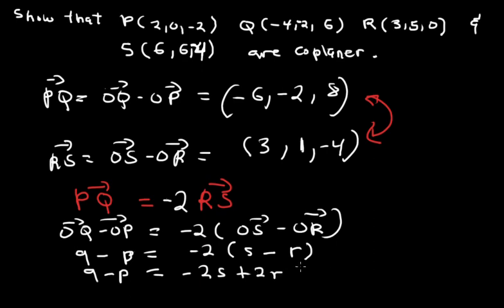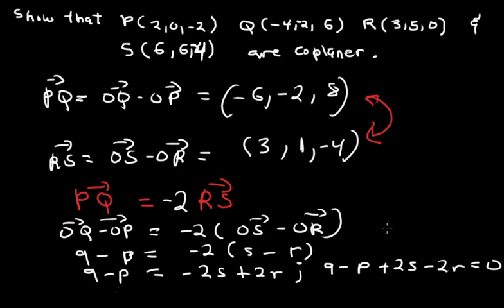Grouping like terms, taking this expression to this side, we obtain, or let's just squeeze it down here for the sake of space, plus 2S minus 2R, and this is equal to 0. We've moved this equation to the left hand side.